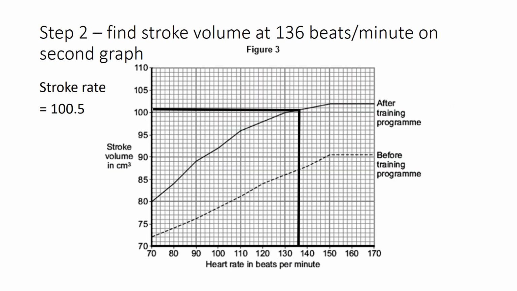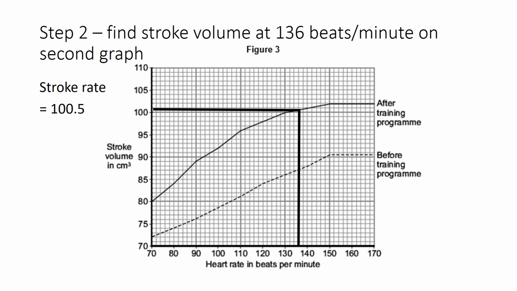The next step, step 2: now that I know that it's 136 beats per minute, I can find the stroke volume at 136 beats per minute. So I've gone to the second graph and I've gone along the x-axis to 136. On this scale, there are 5 little boxes between 130 and 140, so I know that each little box is worth 2.